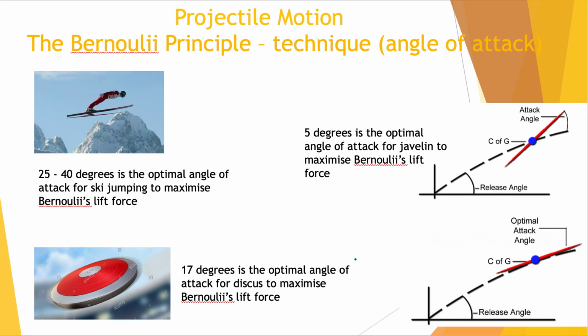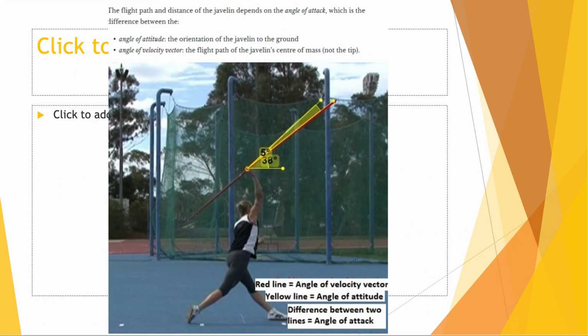There's more variables there, and so there is a larger window. Remembering that the angle of attack is different to the angle of release. We've still got that optimum, something like 35-40 degree angle of release for a discus and a javelin because of that positive release height. But now we've got the angle of attack, the difference between where the centre of mass of the object would go and how the object is orientated.